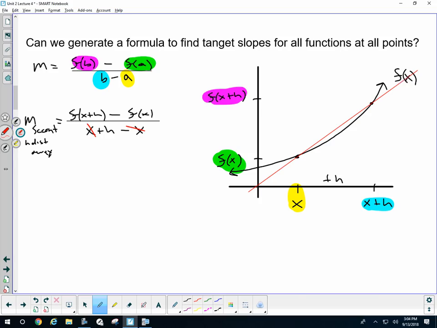Okay, so here's my slope of this secant line of 2 points h distance away. And this should make sense, right? It's a change in y over the change in x's. Well, what's the change in x's? It's just this distance, h. So, of course, the x's will go away. So I have f of x plus h minus f of x over h.